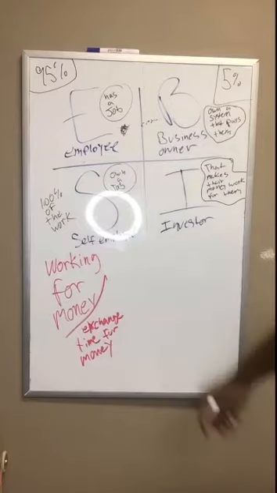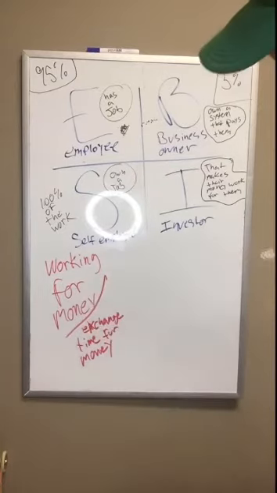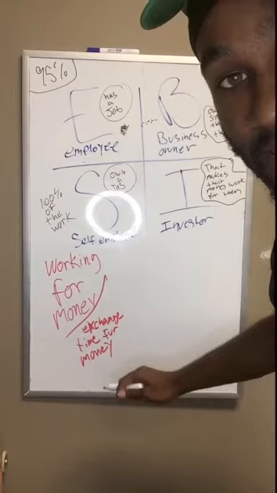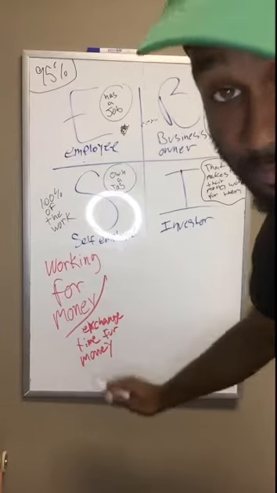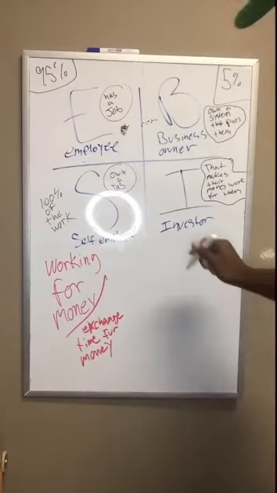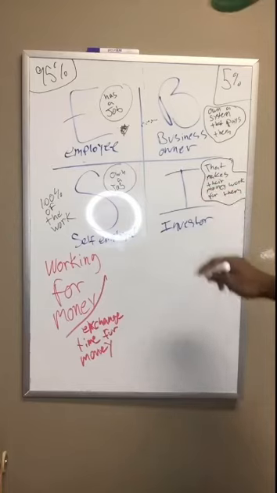Now on the left side, they are working for money or exchanging their time, energy, blood, sweat, and tears for money, right? Now on the right side, what are they doing?